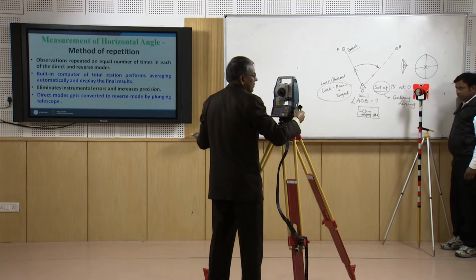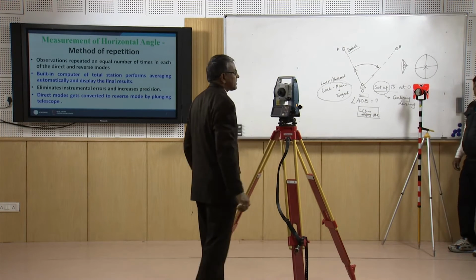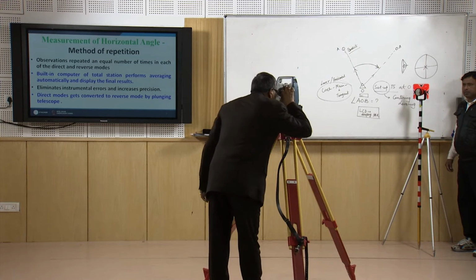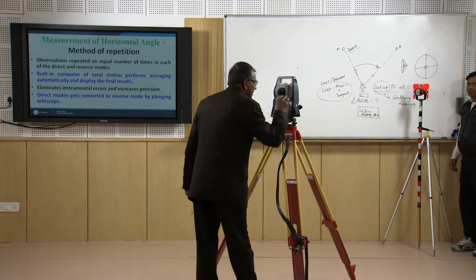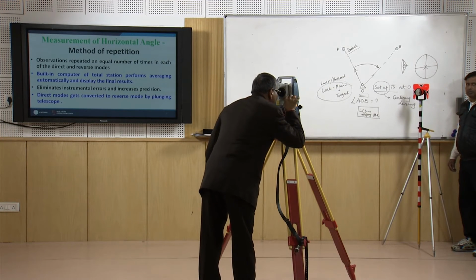Now I will fix the lower plate main screw and look through this. Now I can see the object, so I can make use of the fine adjustment screw.